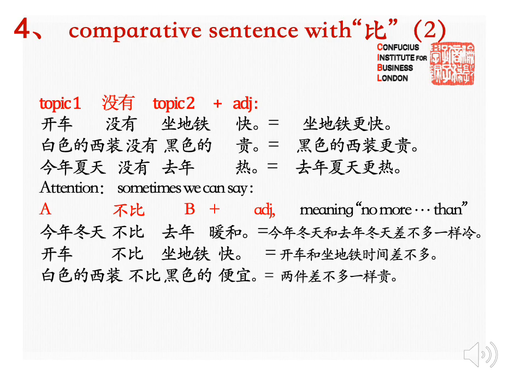And sometimes we can say topic A 不比 topic B adjective, which means something is no more adjective than B. For example, 今年冬天不比去年暖和. 暖和 here means warm.